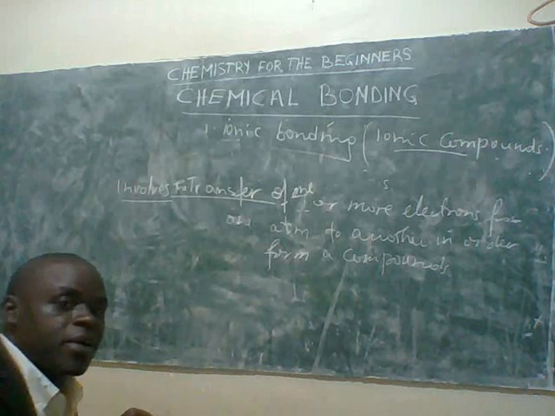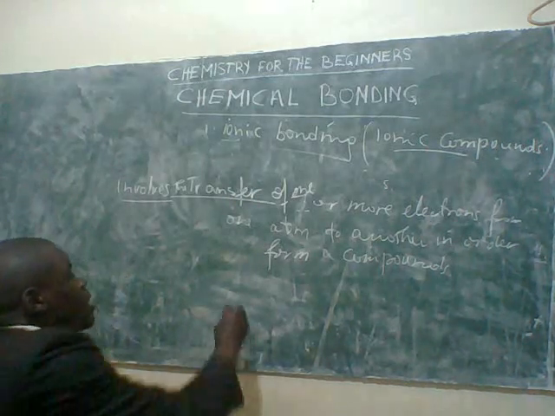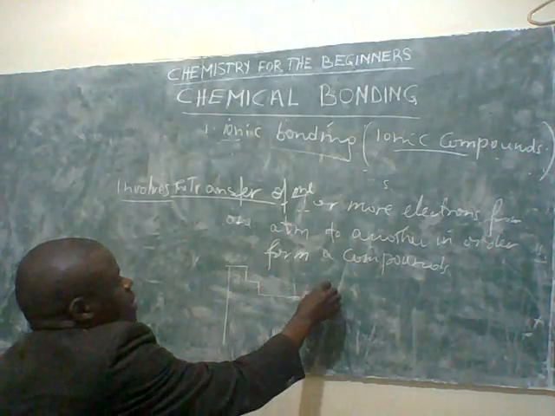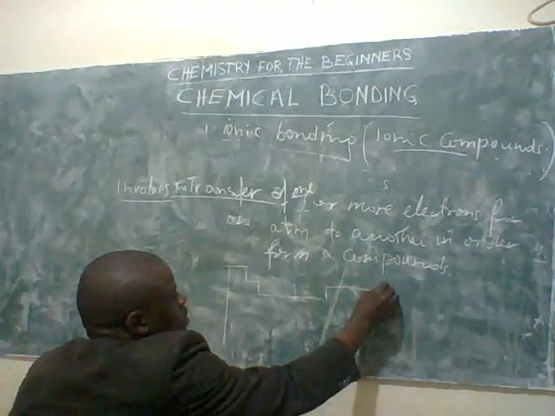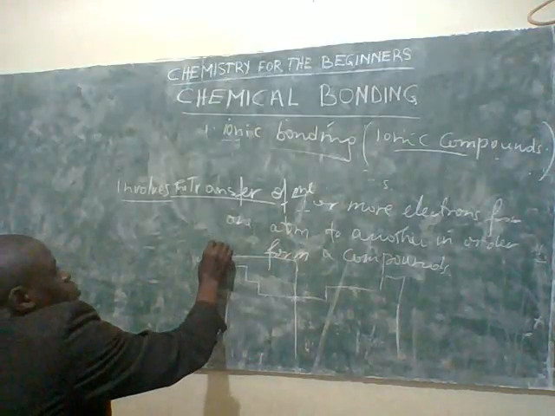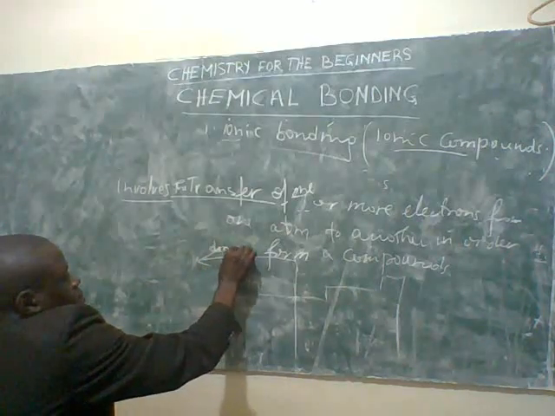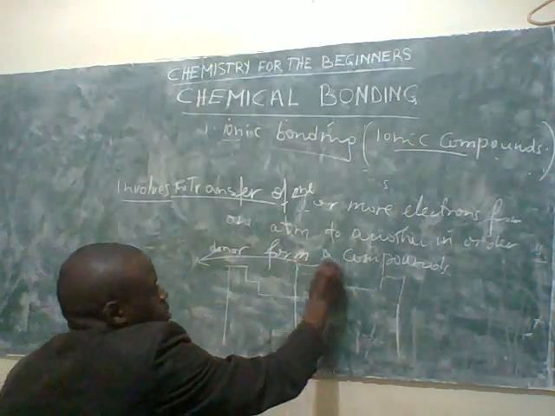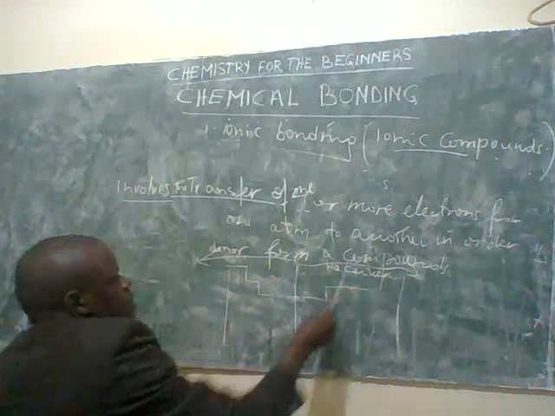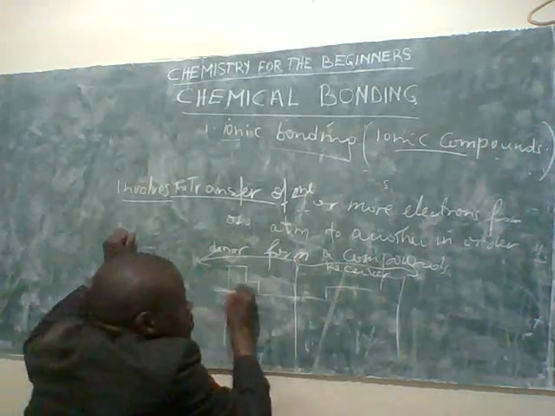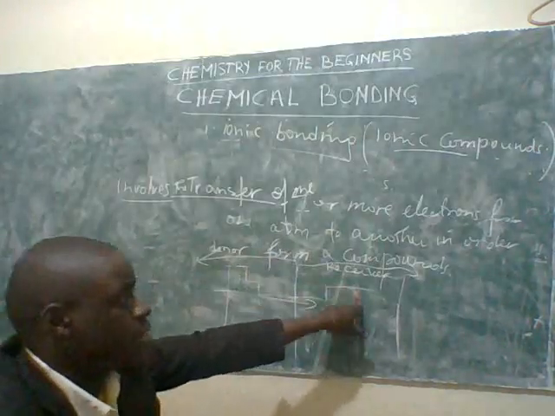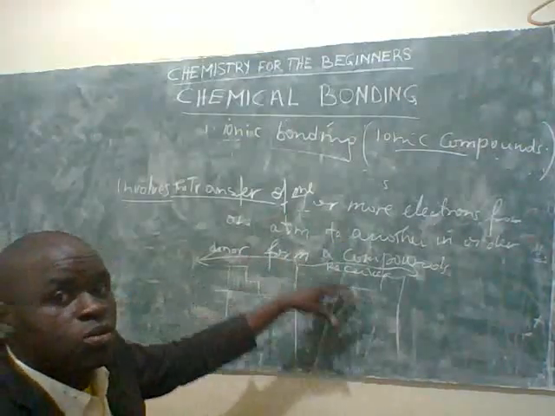You remember when we were studying the periodic table, I said that there is a group here which we called the donors, and there is another group that we called the receivers, which means donors will transfer electrons to the receivers, and receivers will receive those electrons.